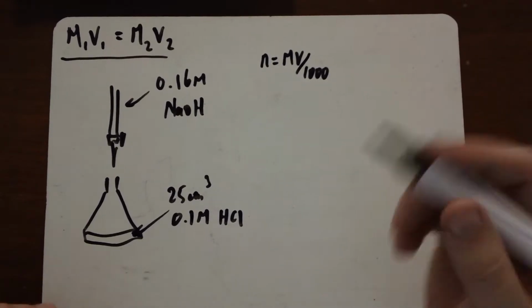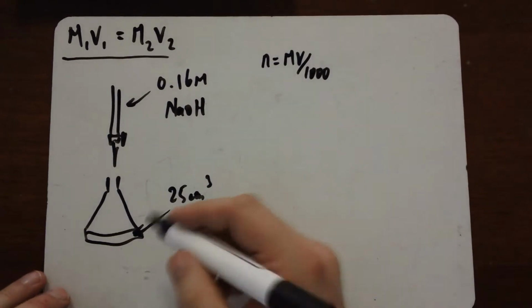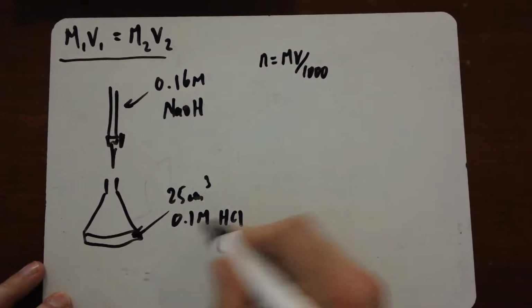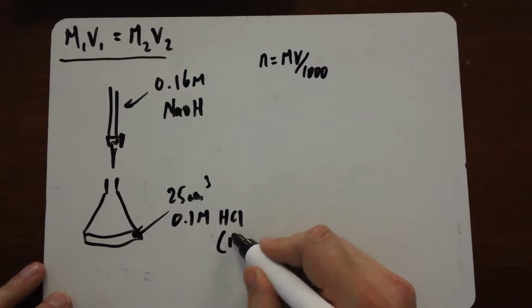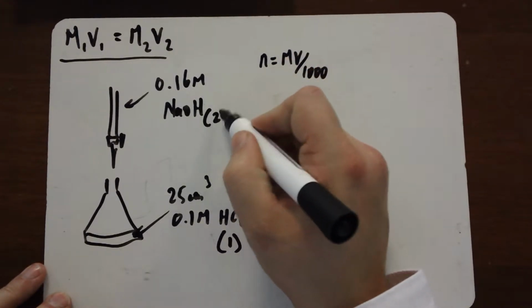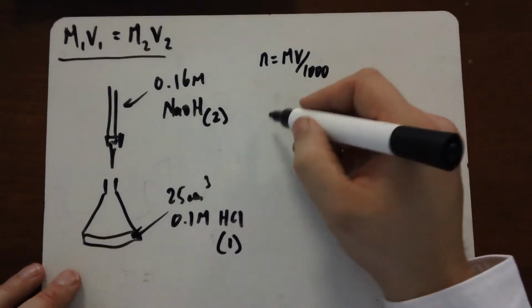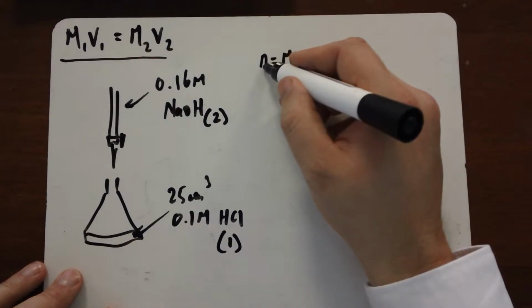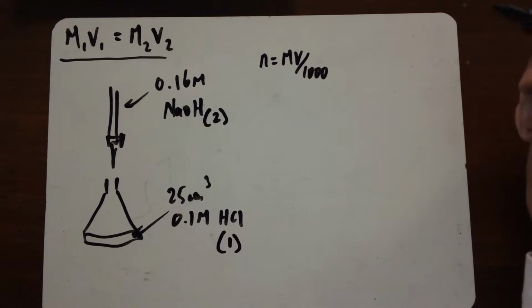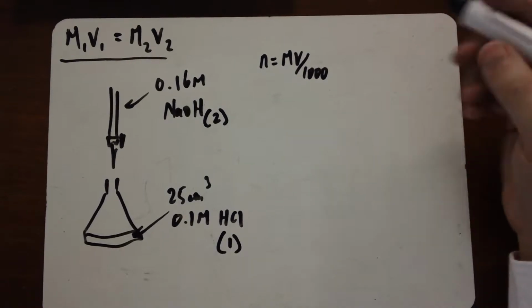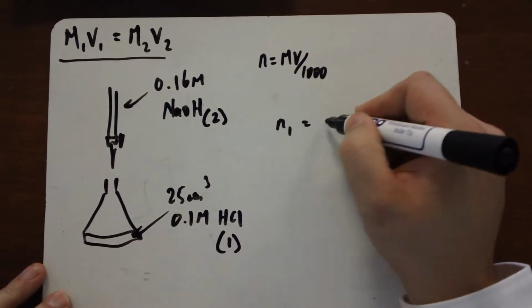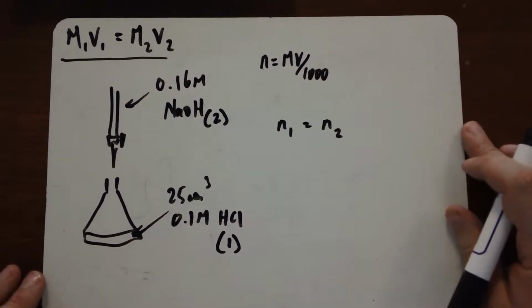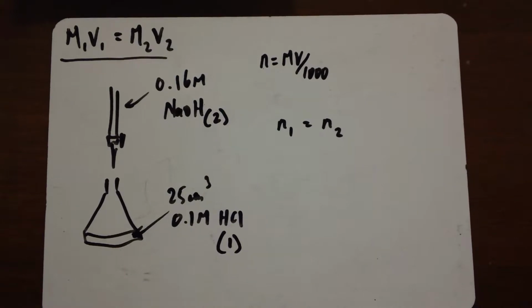And the way we do that is, if we were to call this analyte, or stuff in the conical, number 1, and this stuff here number 2, what we could say is that the number of moles at the end point, when it's neutral, n1 would be equal to n2, when you get an equal number of each, number of moles, end point or equivalent point.